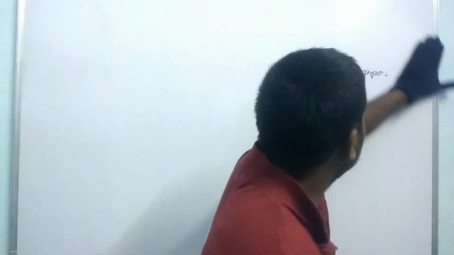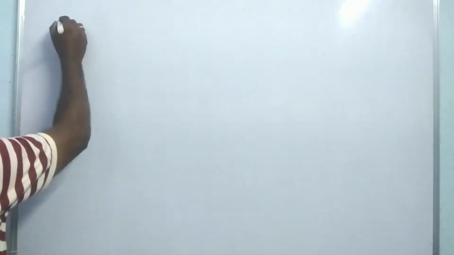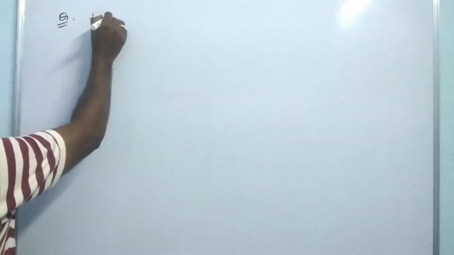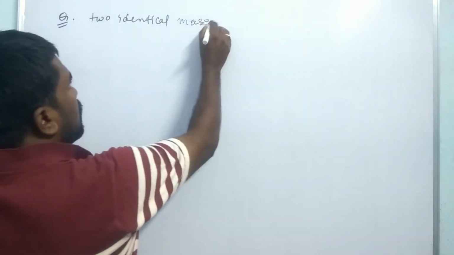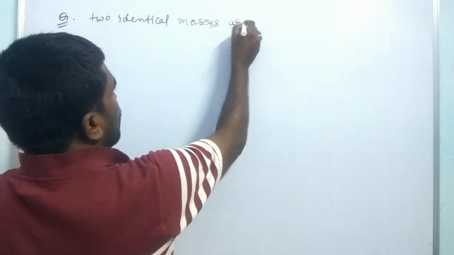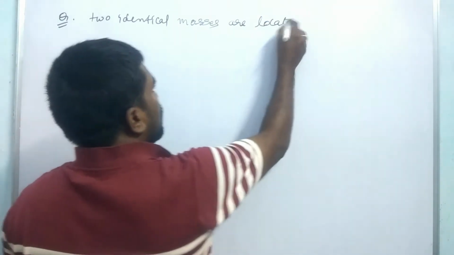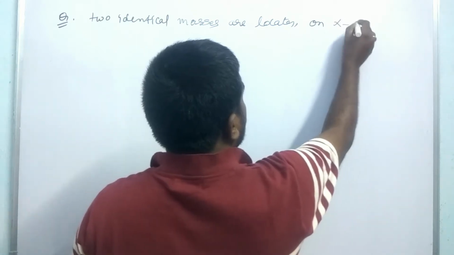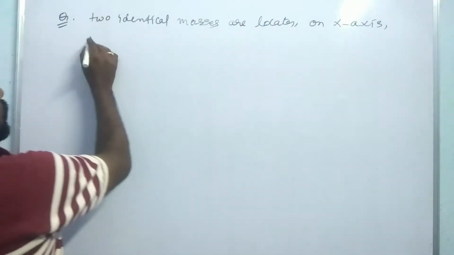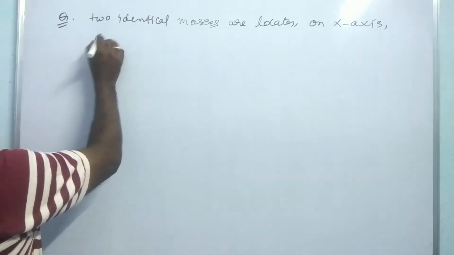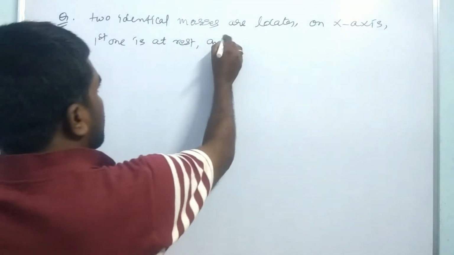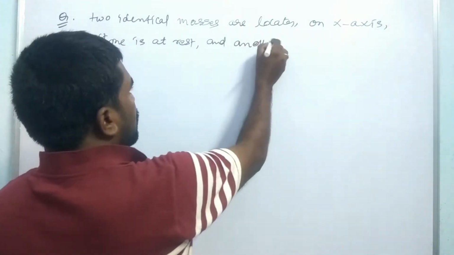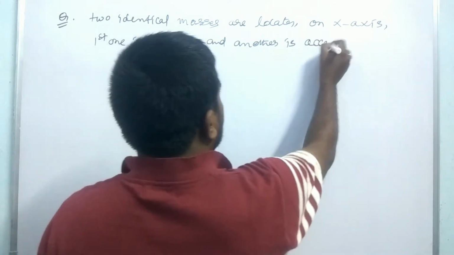Here, two identical masses, identical meaning equal, the same, are located on the x-axis. The first one is at rest and the other accelerates with acceleration a.